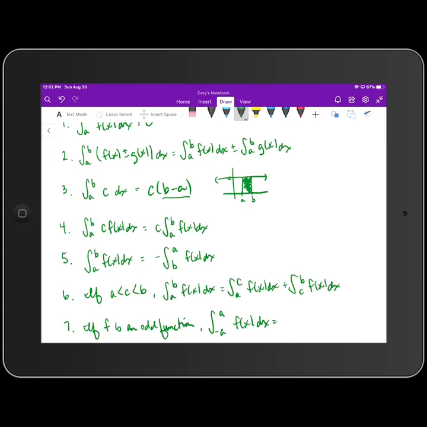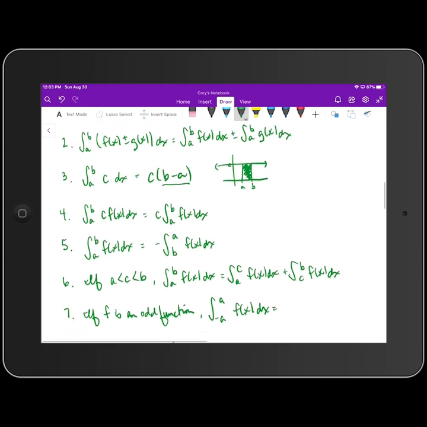But we can switch the limits of integration by taking the opposite of our integral. So again, if I have the integral from a to b of f of x, integrating with respect to x, I can switch the limits of integration by taking the opposite of the integral.